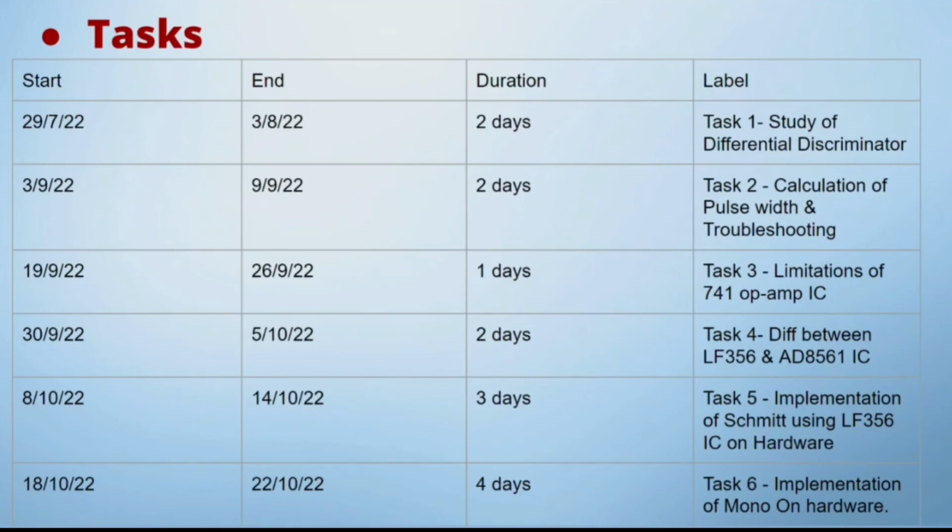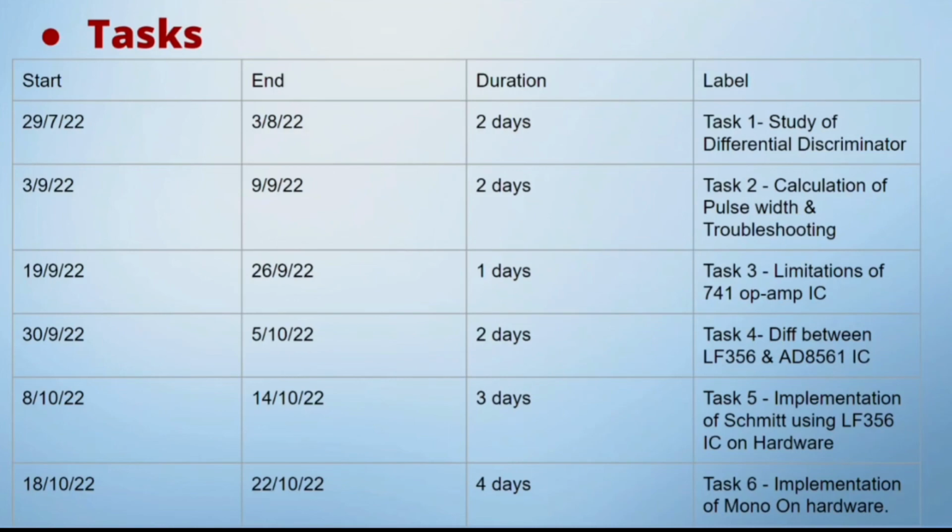In task 4, we have studied the key differences between LF356 and AD8561, and we have opted to go for the LF356 due to the favorable characteristics and suitability for our application.